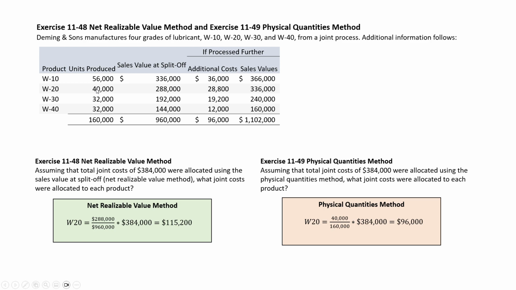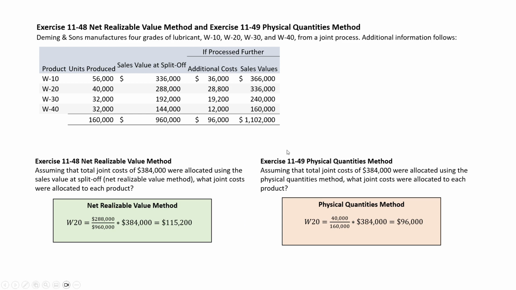For W20, there's 40,000 units produced relative to total production of 160,000. 40,000 divided by 160,000 is 25%, times the 384,000 equals 96,000 of the 384,000 allocated to W20. We can see it's going to be very different depending upon which method we utilize.